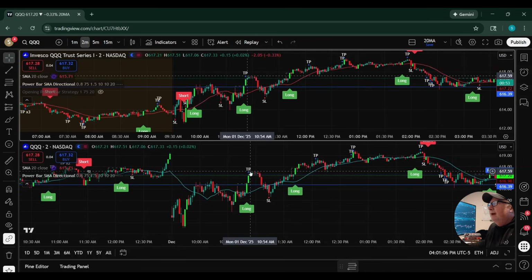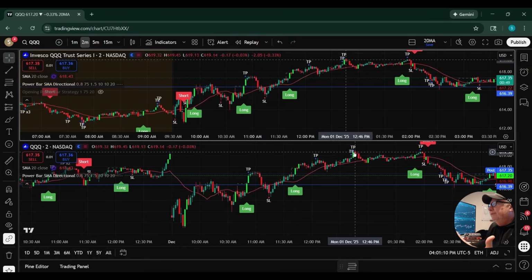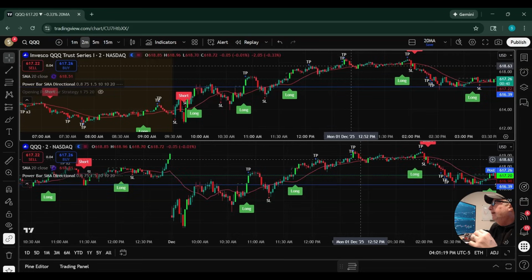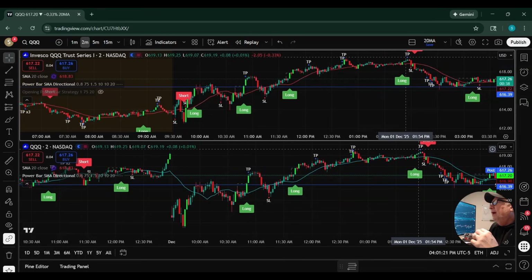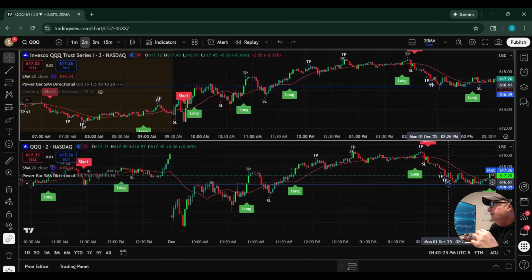This one, you got 1R, 1 times your risk. This one, you got 2 times your risk, which is what the take profit levels are for my power bar indicator. This one, you got 1 times your risk. This one, you got 2 times your risk, right?